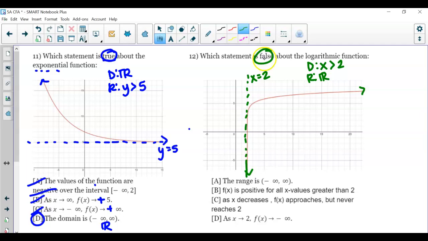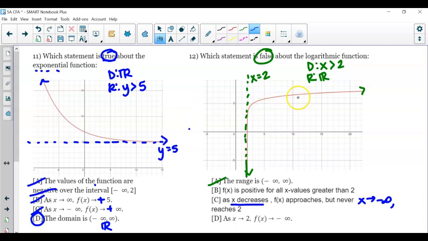We're looking for false, so I can go ahead and mark off A because this is true. Now let's look at the end behavior. As x approaches infinity, well, we don't have that. However, we do have two statements here: as x decreases, f of x approaches, right? So this is showing end behavior. As x decreases, or as x approaches negative infinity, are the x values going all the way into negative infinity?